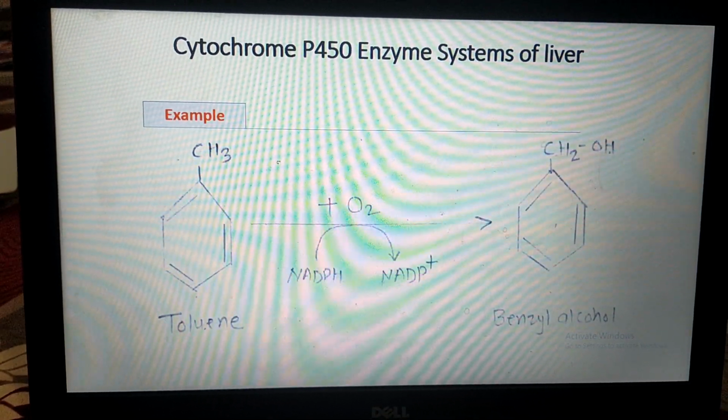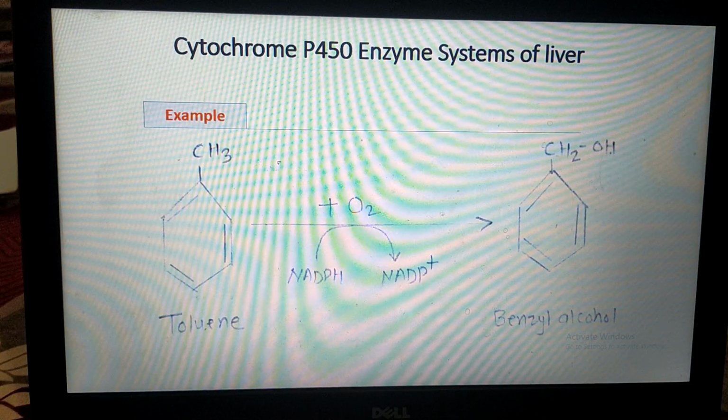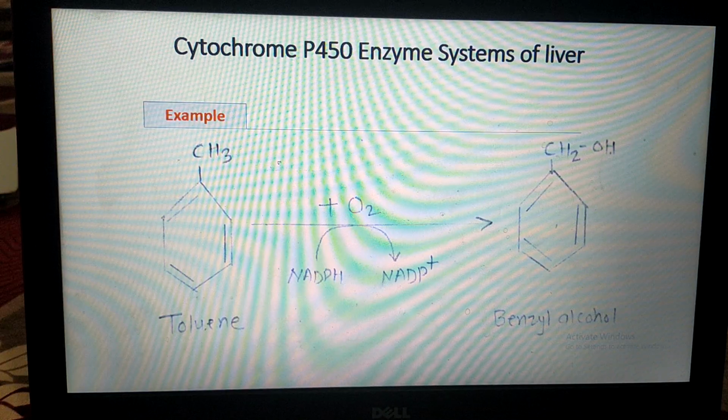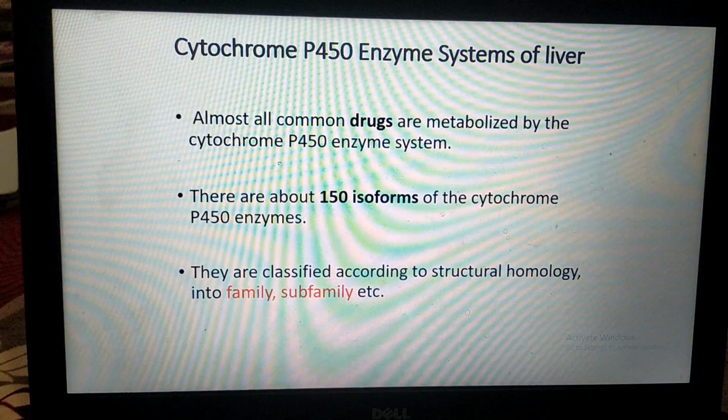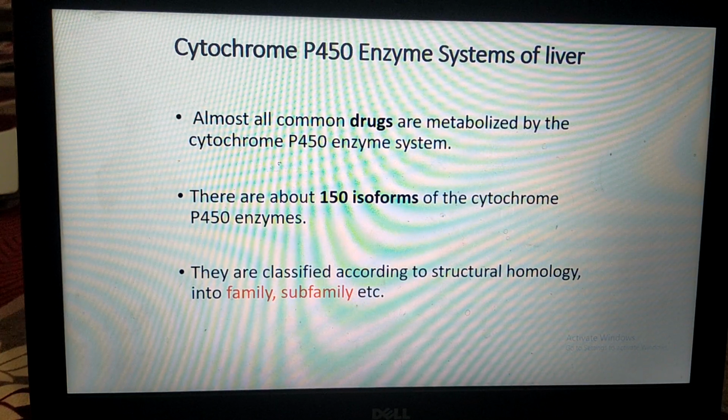Here again the same example I have quoted. Conversion of toluene, which is a purely hydrophobic compound, with the help of oxygen molecule and NADPH, is converted into alcoholic form, that is benzyl alcohol. Almost all common drugs that we are taking are metabolized by the cytochrome P450 enzyme system.